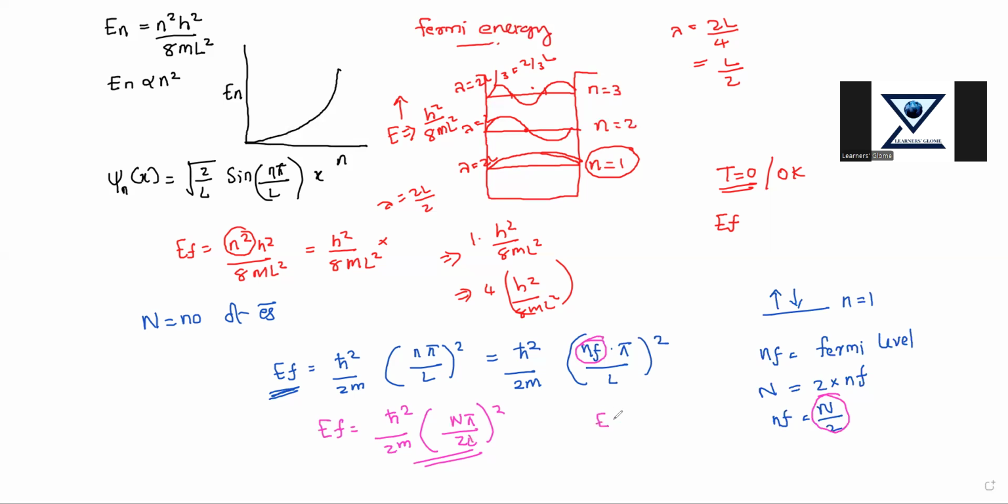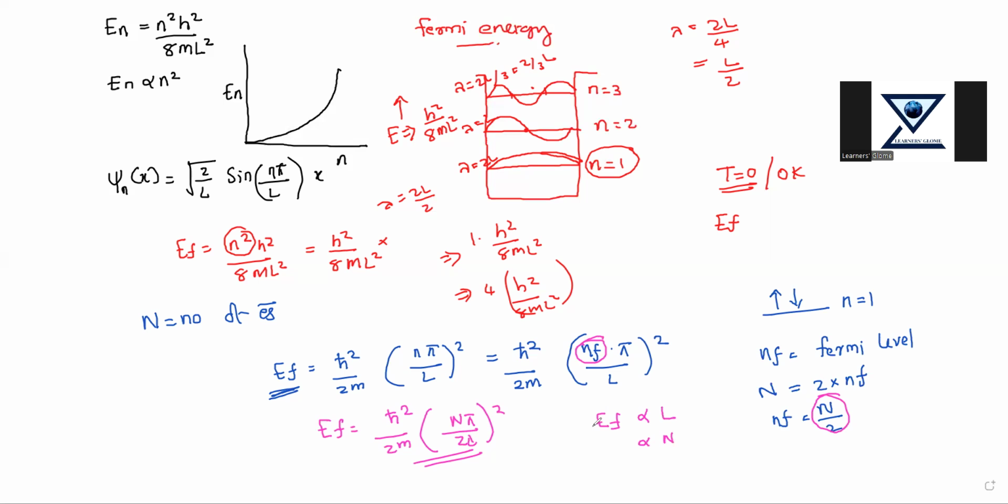So the Fermi energy depends inversely on the length of the potential well, and it is proportional to the square of the number of electrons present in a particular energy level. So the Fermi energy, the topmost filled energy at absolute zero, depends upon the length of the potential well, or the length of the box, and it is also proportional to the number of electrons present at that state.